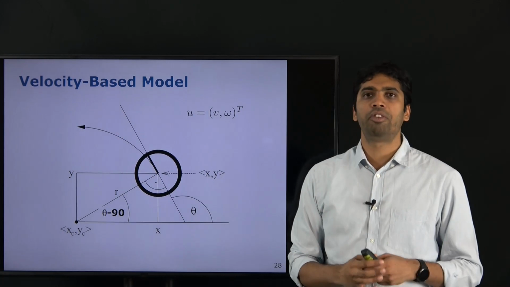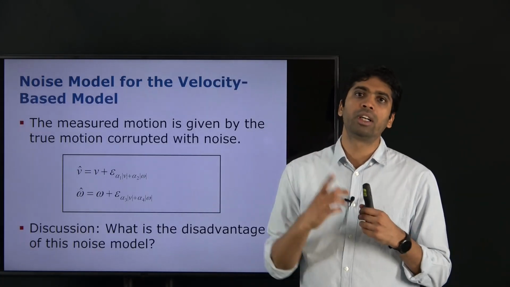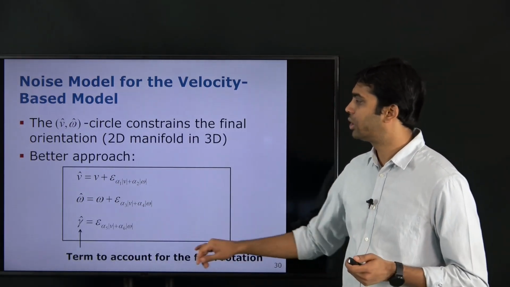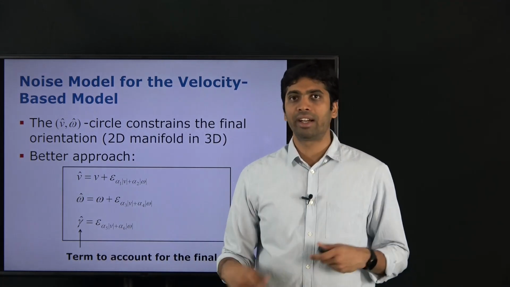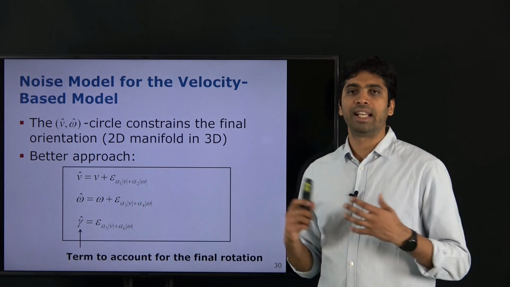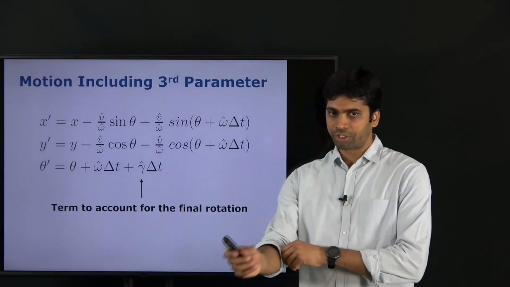And with this model, we lack the ability to model this error on this third orientation parameter. So what's often done in practice is to have an extra error term here shown by gamma, which we'll then see is added to the final orientation of the system.